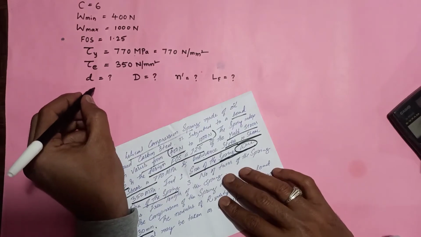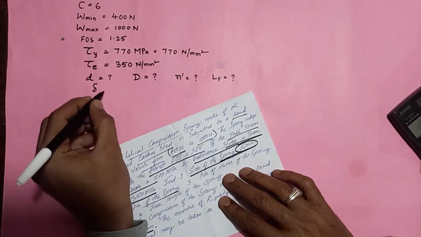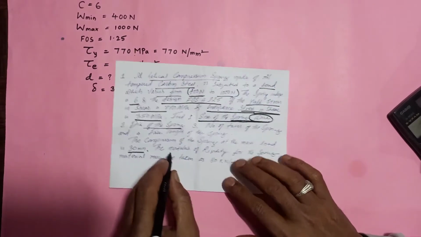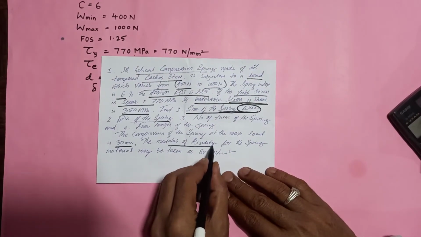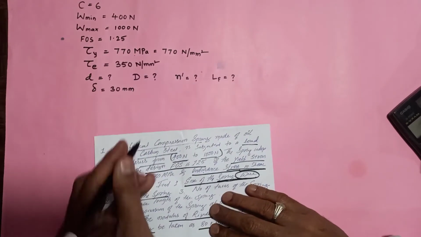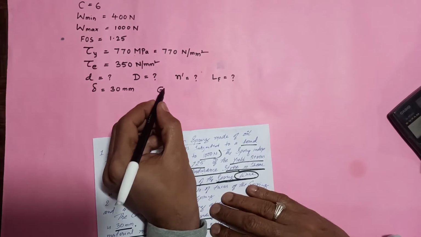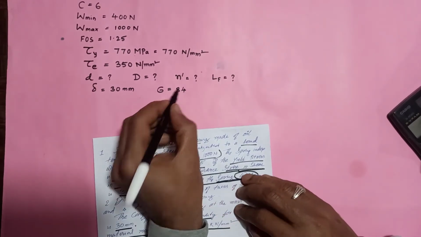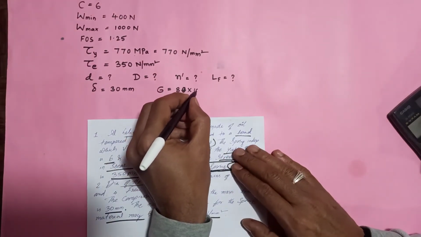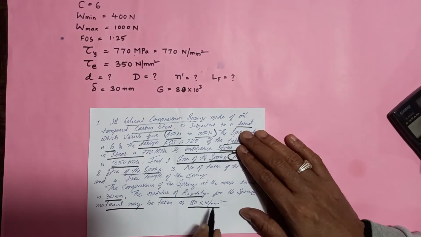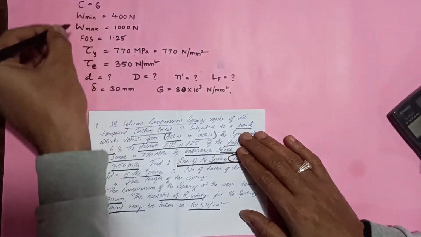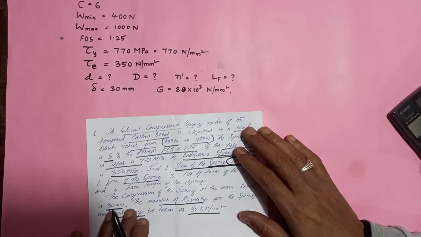Also the modulus of rigidity for the spring material, taken as G, is given as 80 into 10 power of 3, that is, 80 kilo Newton per millimeter square. So now all the values are in the standard format.